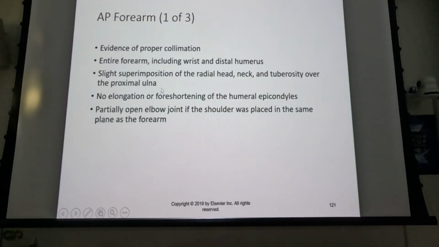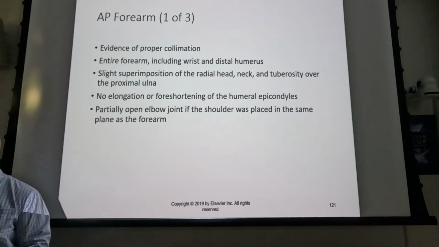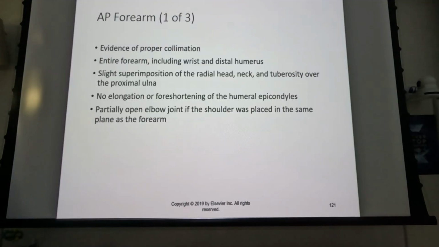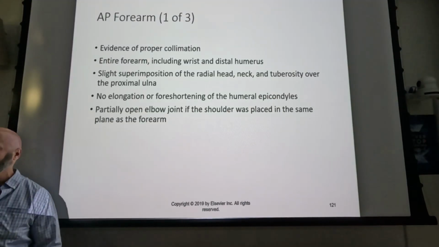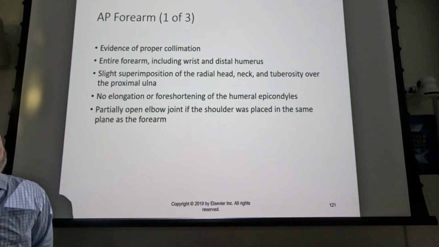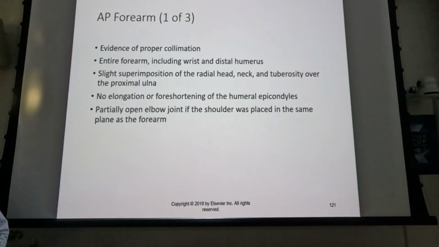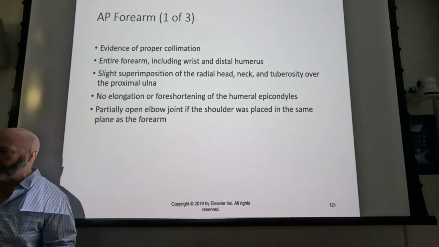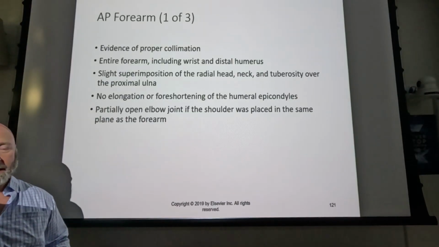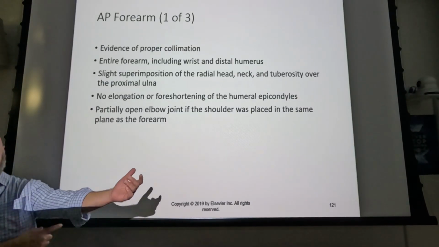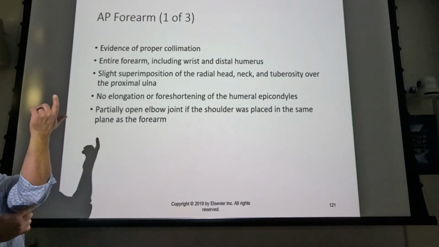So what you're going to see then, and your central ray, again, we're looking at the forearm, so your central ray is going to be where? Middle of forearm. Middle of forearm, right. So it gets a little bit more complicated when we're talking about the collimated field. Okay, so your ulna has an olecranon process which extends to about right here, right?